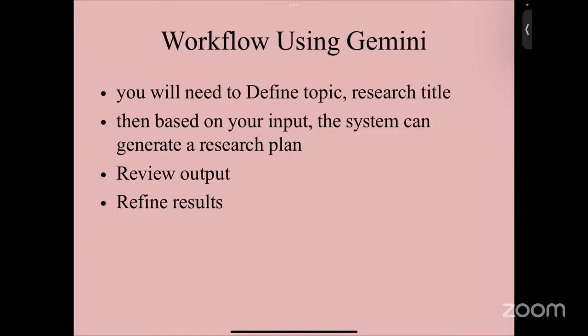So how can we use this tool in Gemini effectively? First, you will need to define the topic, the research title that you're looking for. Then based on your input, the system can generate a research plan. Basically, the research proposal is a plan of what type of research you are going to do, and this Gemini tool will help you in generating that plan.